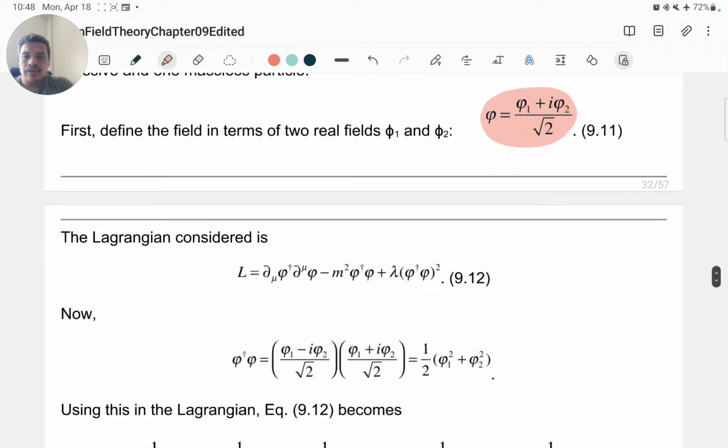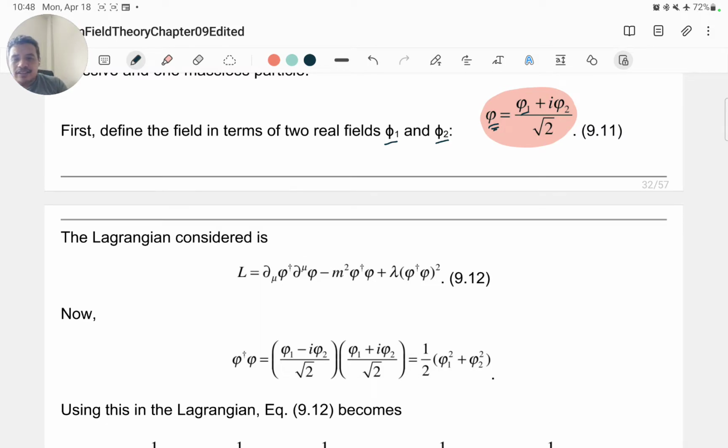So again, we define the field in terms of two real fields, phi 1 and phi 2. And by the way, the symbolism here, I would use this kind of symbol to mean this one here, or vice versa, or sometimes I use this to mean the same thing. So anyway, I will just clarify it as I go through the lecture.